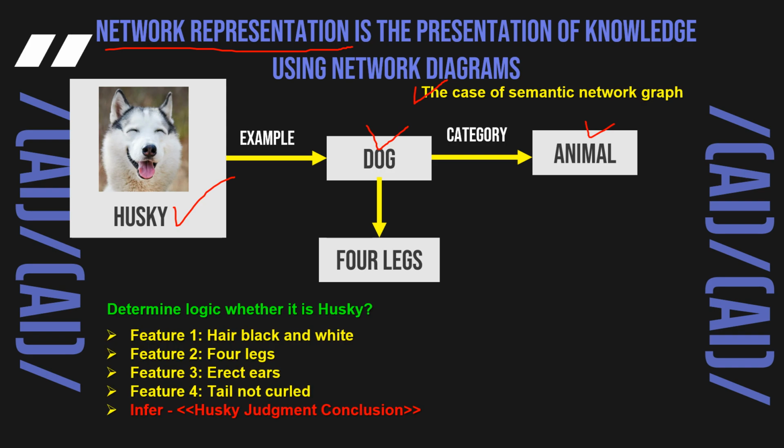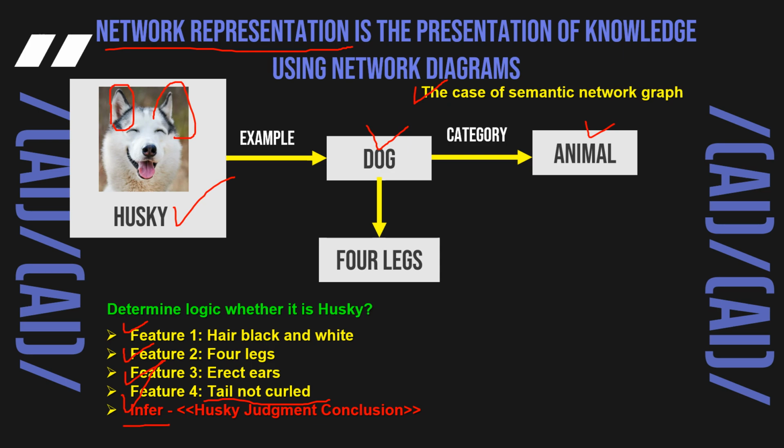So for the AI, feature 1, the hair is black and white. Feature 2, 4 legs. Feature 3, erect ears. Remember husky, the tail is not curved, but the picture cannot show it. But feature 4 is tail not curved.